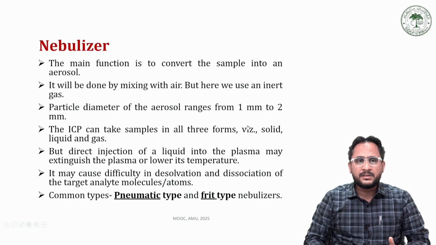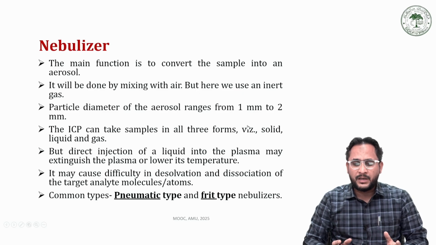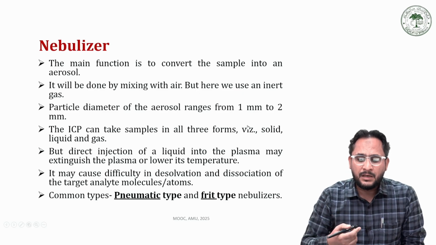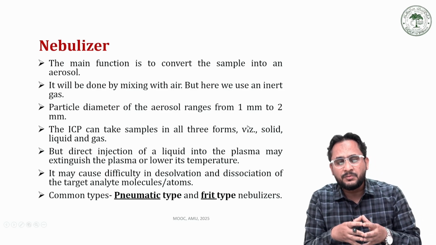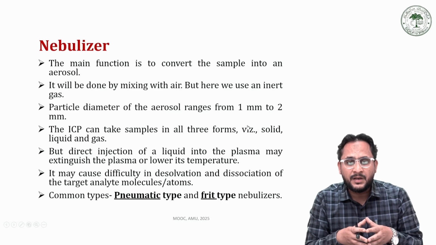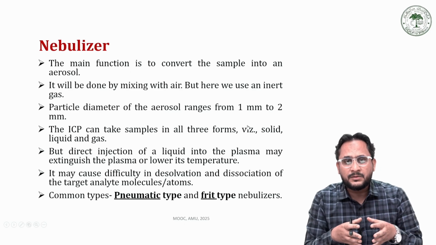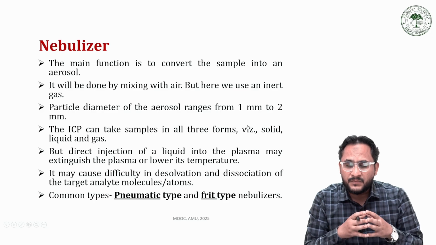As I have already discussed, the nebulizer is the component used to convert the sample into an aerosol. That can be done either by using air or oxygen gas, but in inductively coupled plasma, the temperature is very high, so the chances of oxidation of the elements present in the sample are quite high.